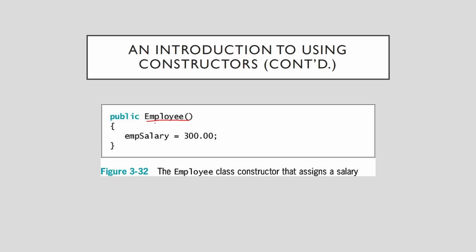Take note, a constructor method is a method having the same name as the class, that is public employee, without the return type, without the void, for example.